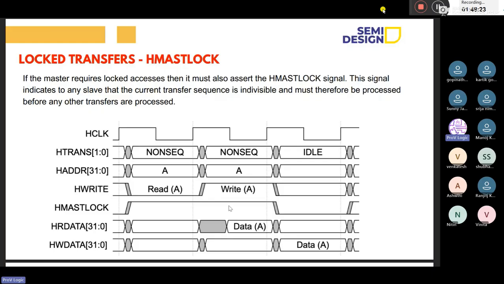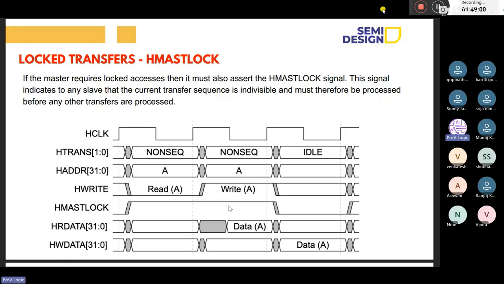So why it is needed: you already know we are using multi-master systems in SoC. There will be a CPU, DMA controller, DDR memory. These are all multiple masters, right? So sometimes a master needs to perform multiple related operations without any interruption. So whenever CPU is transferring some data to memory and DMA controller is also transferring data to memory, there should be no interruption, right?